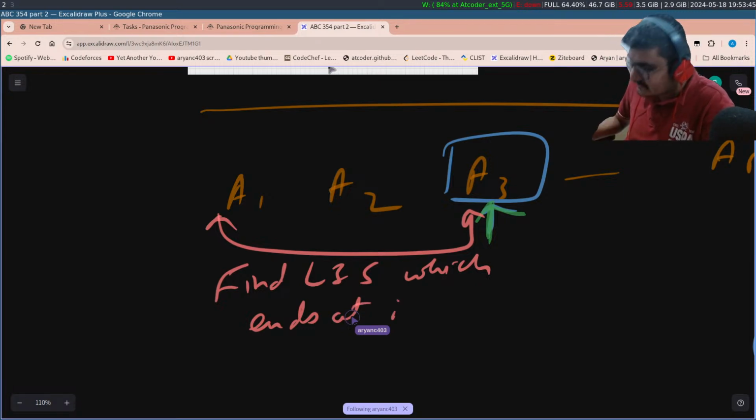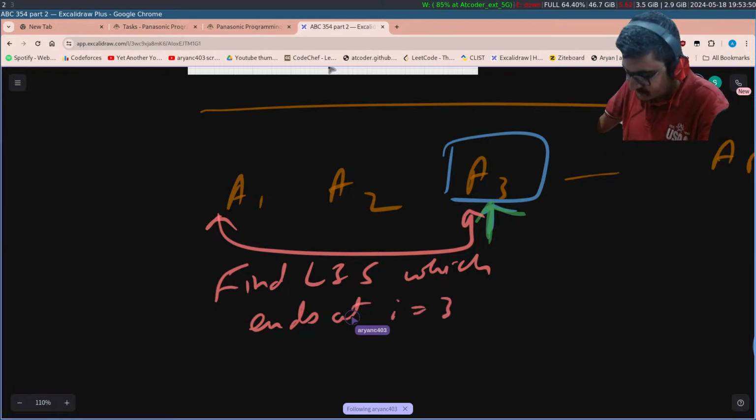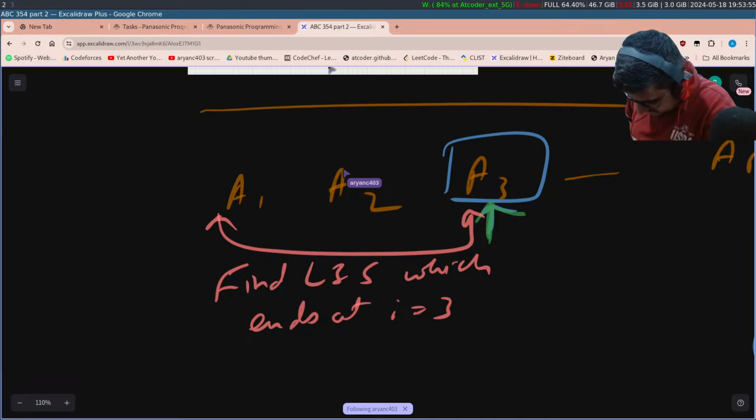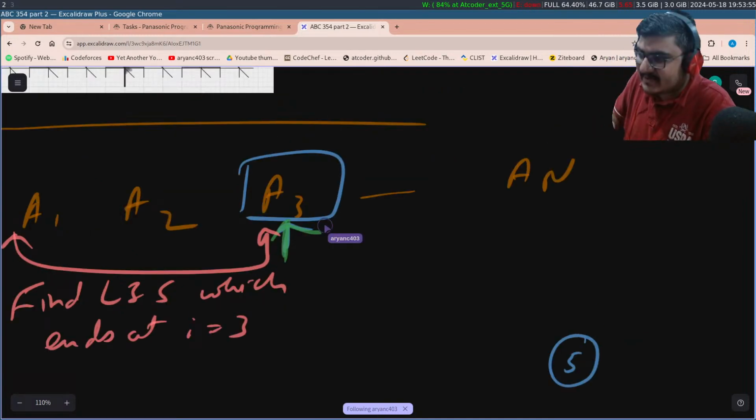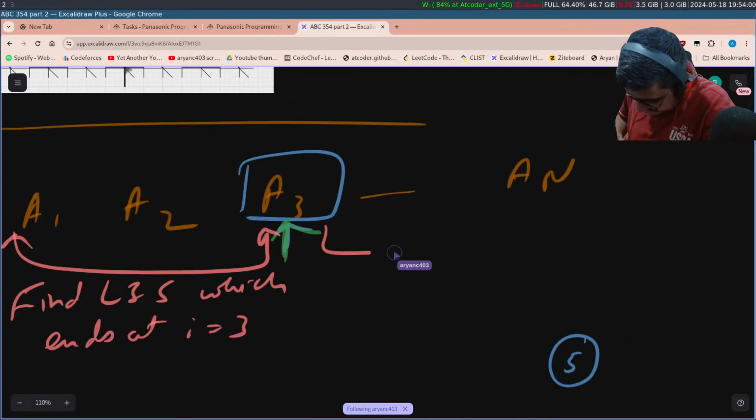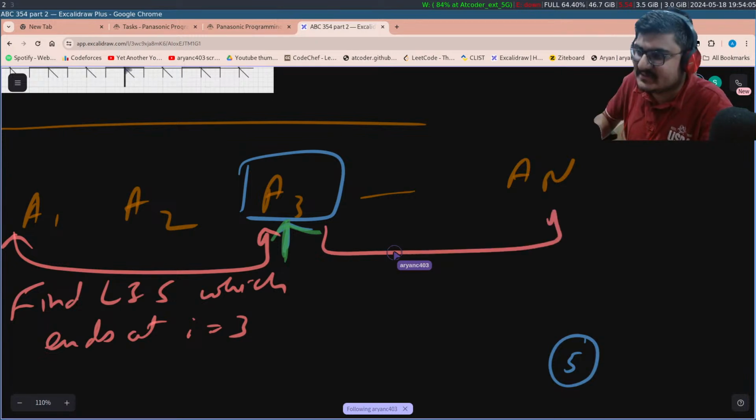So if the overall LIS is 5, then my claim is if I get x elements from one part and y elements from the other, then if I combine both of these, the total number of elements would be x plus y minus 1, because 3 is counted twice.